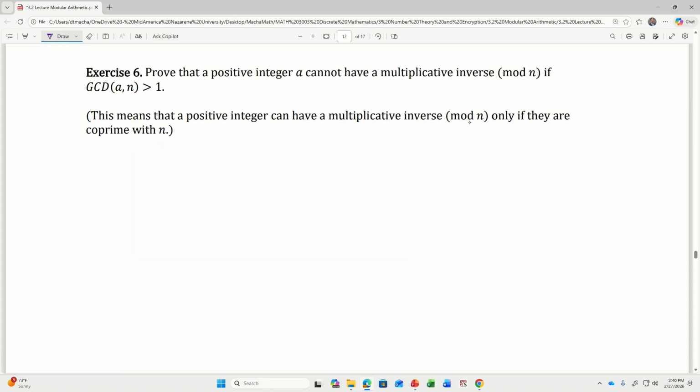Prove that a positive integer a cannot have a multiplicative inverse mod n if the greatest common divisor of a and n is greater than 1.